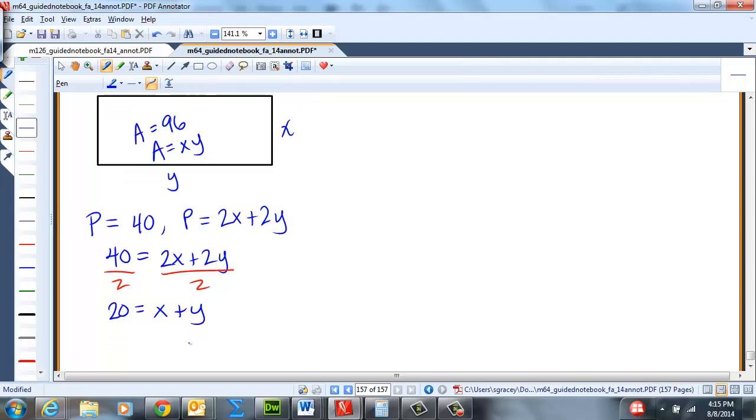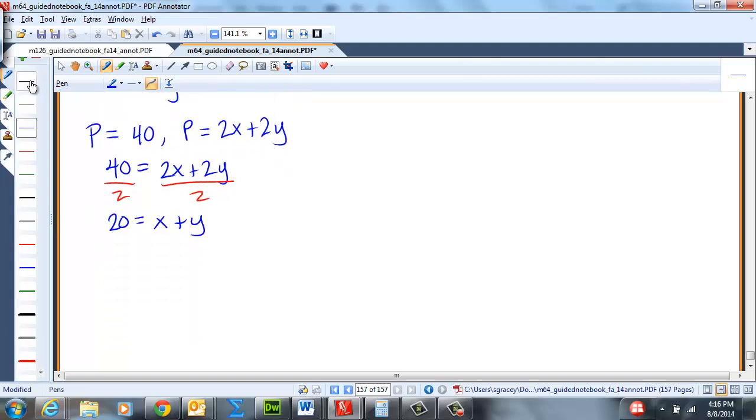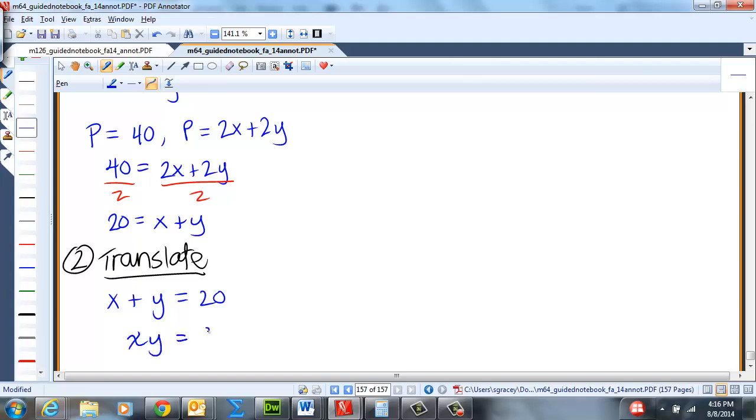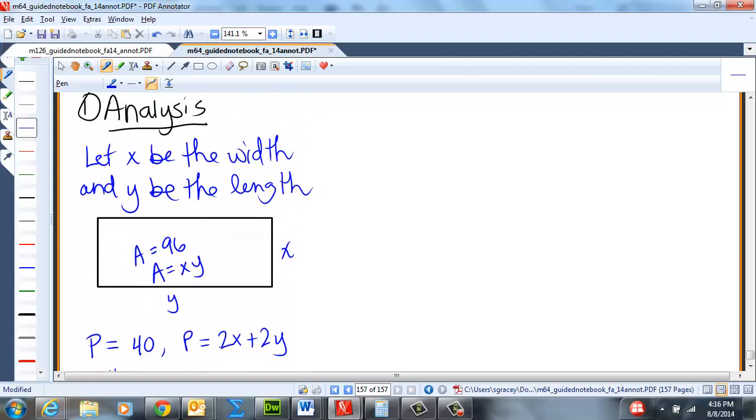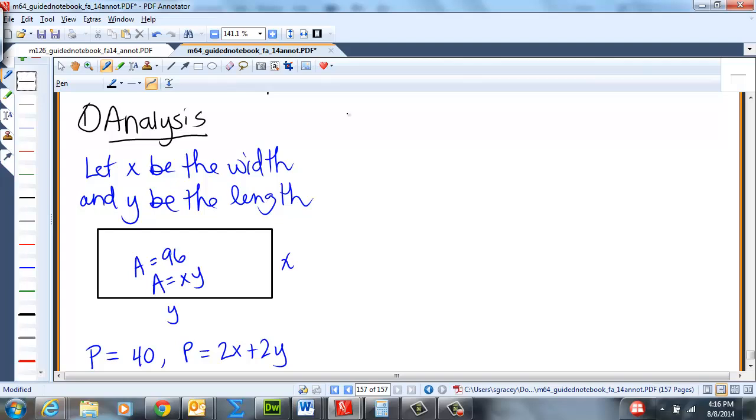So let's translate this into an equation or a system. So we know that x plus y is 20 from working with the perimeter. We also know that x times y was 96, right? So that's our system. So let's solve it.